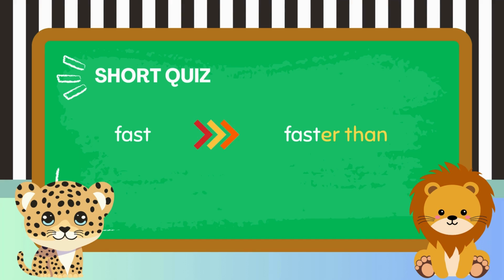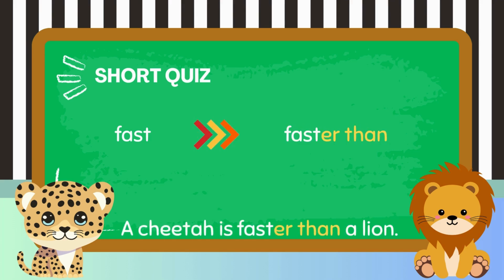Yes, you are absolutely correct. Fast becomes faster than because fast is also a short adjective. So which one is faster between these two animals? Yup, a cheetah is faster than a lion.